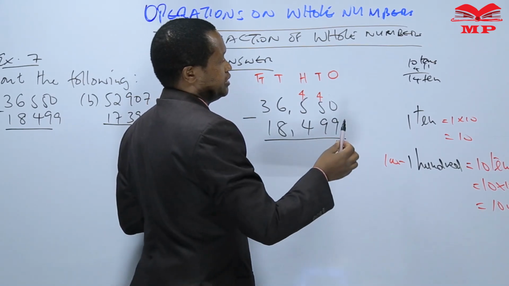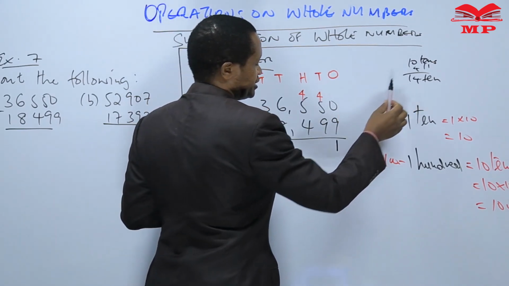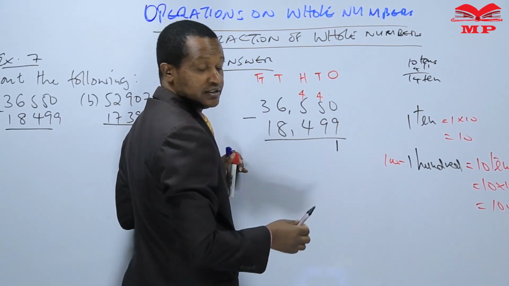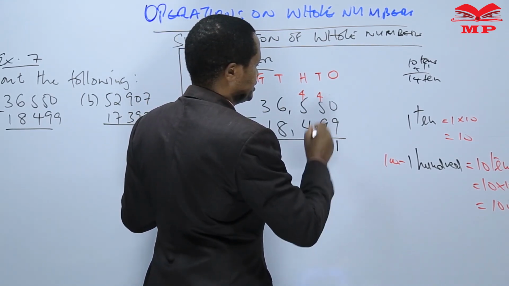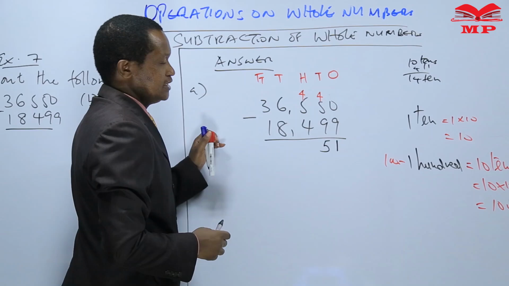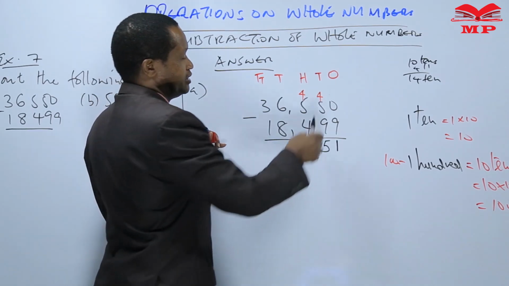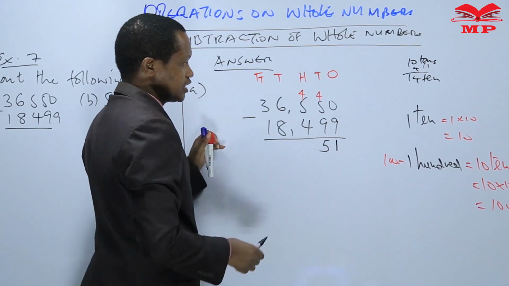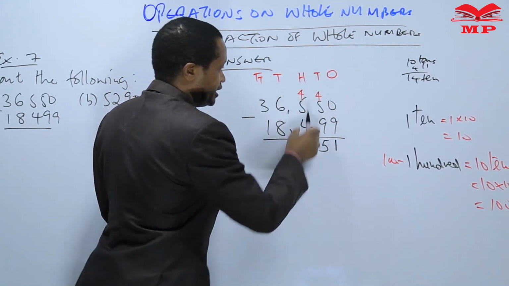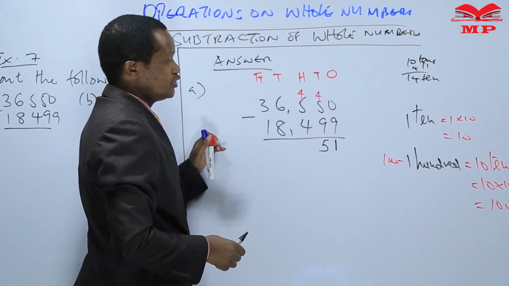14 tens minus 9 will give us 5 tens. So we have subtracted the tens. Then, learners, we move on to subtract the hundreds.